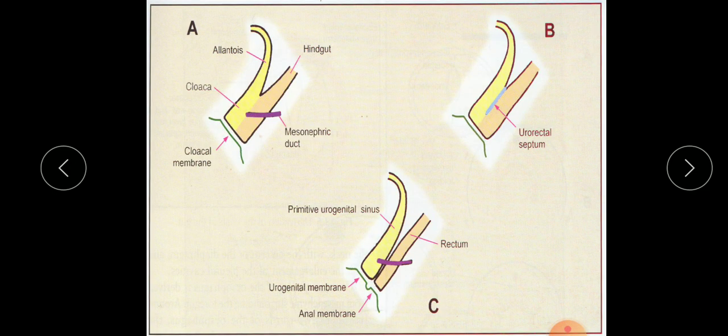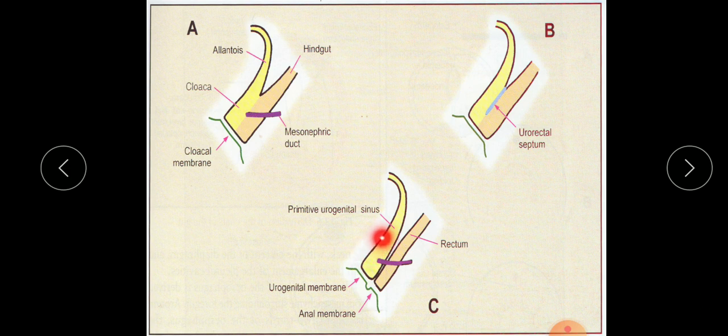Okay. So now what happens? This is the hindgut and this is the allantois, which is now a part of the hindgut. This region is termed the cloaca, and this cloaca is now divided by a septum here. Look at that, the septum here. That septum is what is termed the urorectal septum. This urorectal septum will divide the cloaca into an anterior part and a posterior part.